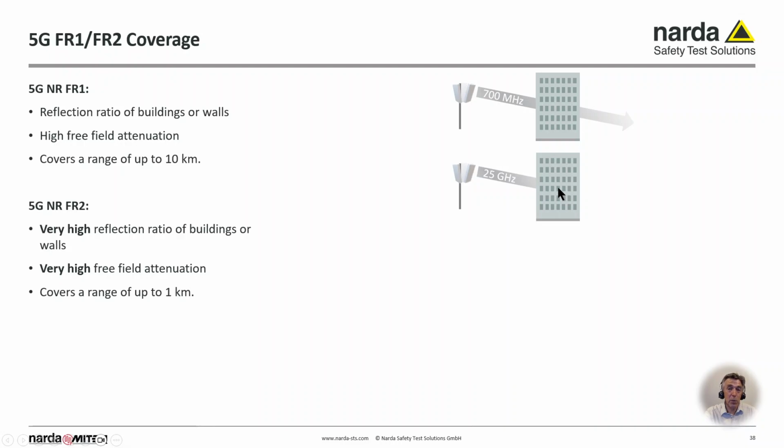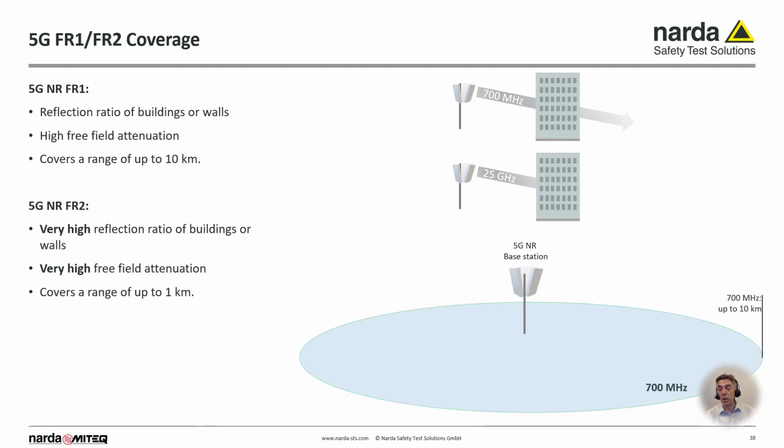In Australia, they measured values up to 30 dB, meaning a factor of 1000. Remember, 30 dB, a factor 1000 reduction of the signal just by a simple window. So behind an entire building, there is nothing.